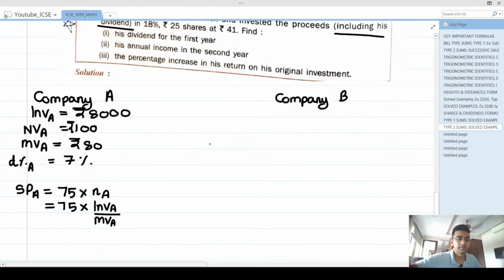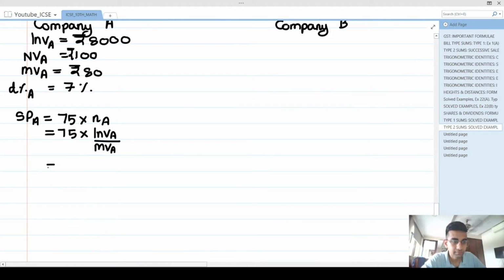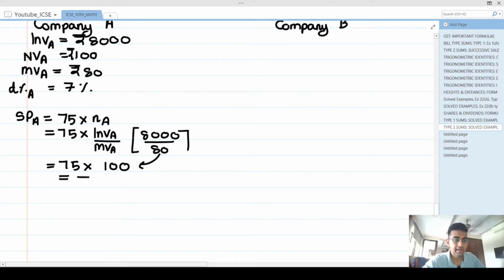So 75 into 100, because 8,000 upon 80 gives us 100. So his selling price was 7,500.